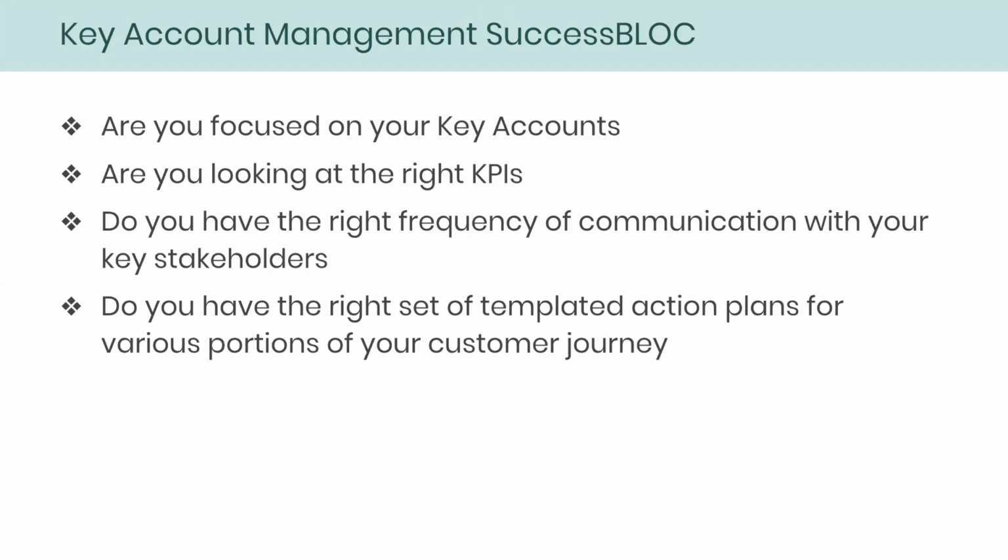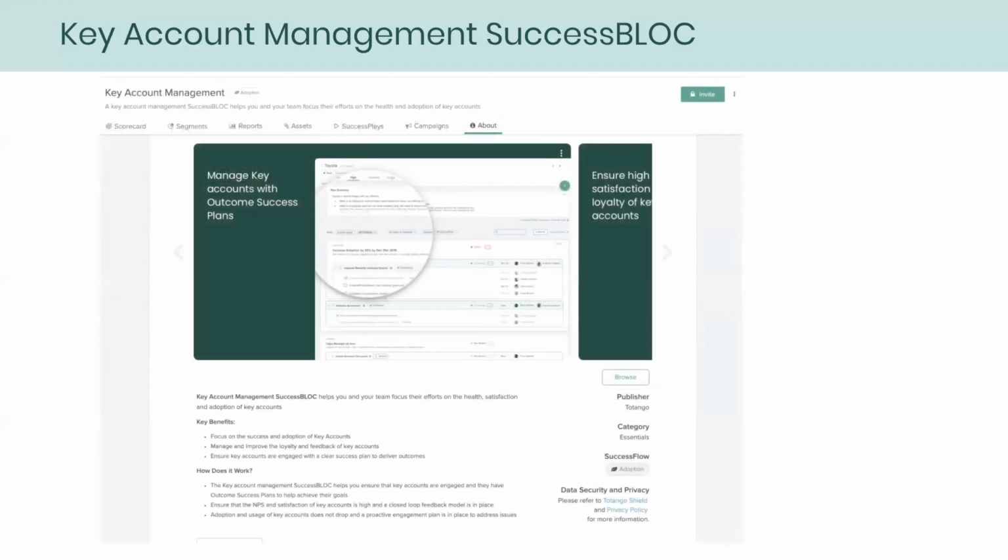For key account management, we've been working on a success block that will give you a way to focus on the key accounts, look at all the right KPIs, and make sure that you have the right set of engagement with all your key accounts. This success block will be released to the gallery sometime this weekend, so look out for that.